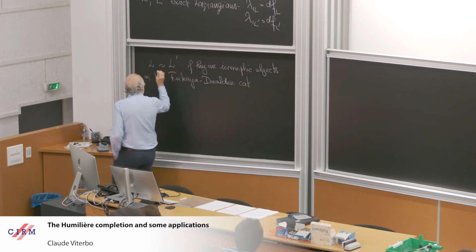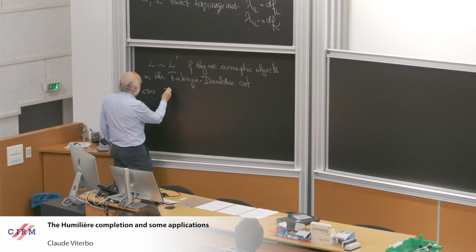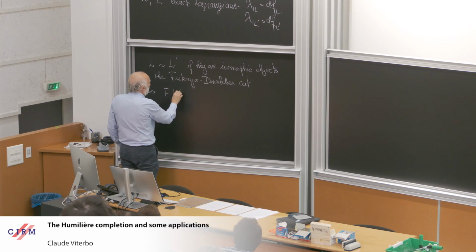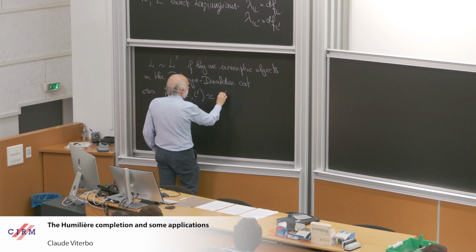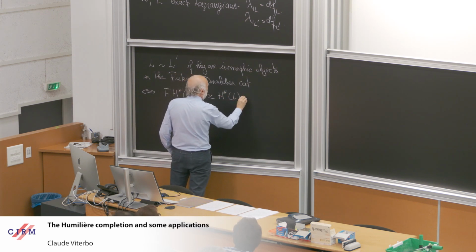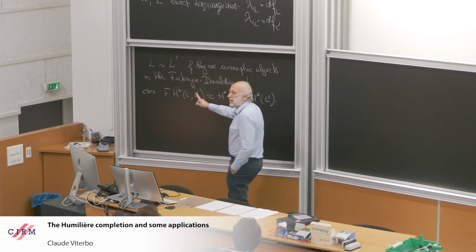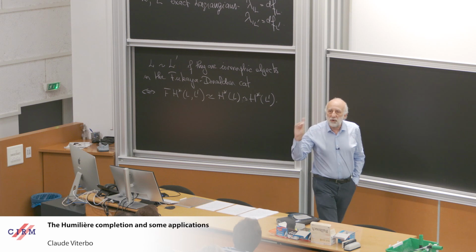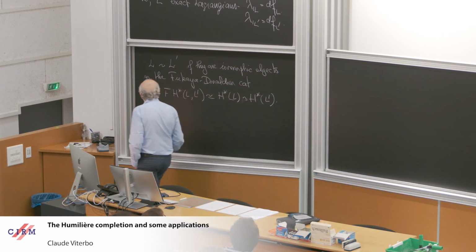And this means, I mean, I don't want to go into details, but this means that FH star of L and L prime is isomorphic to H star of L, which is also isomorphic to H star of L prime. But it's a little bit more than that. You need that this isomorphism be natural somehow.